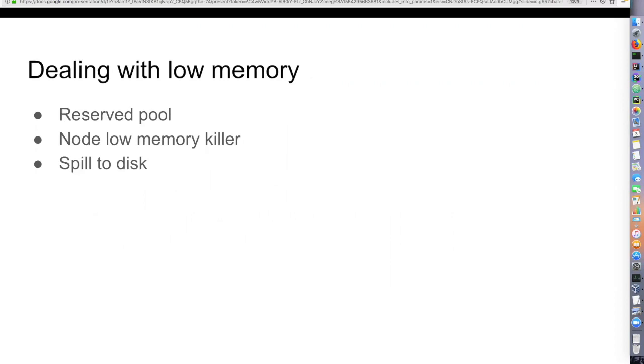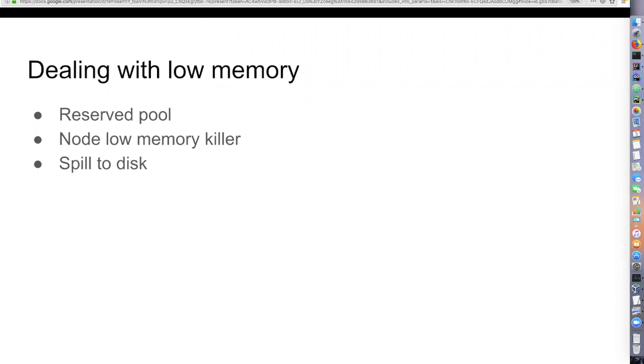There are 3 mechanisms currently in Presto to deal with low memory situations. One is the reserve pool. Another is the node low memory killers. So basically, when you don't use the reserve pool, you might want some query to be killed instead.